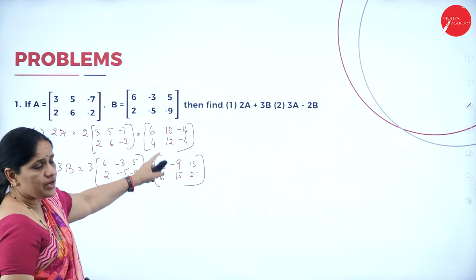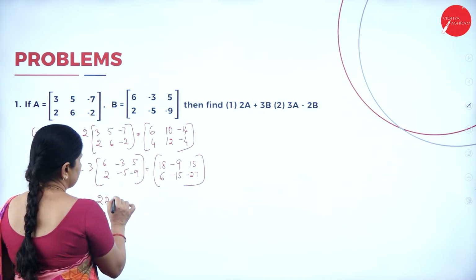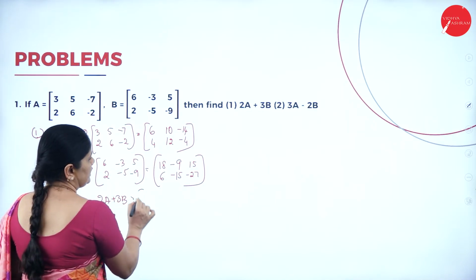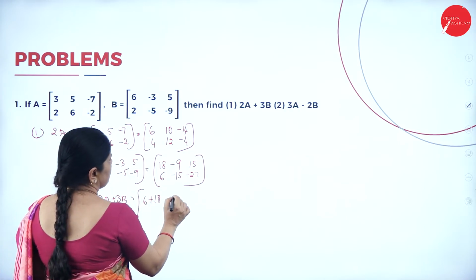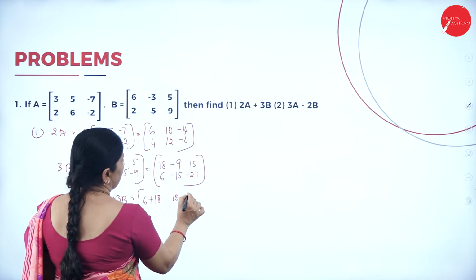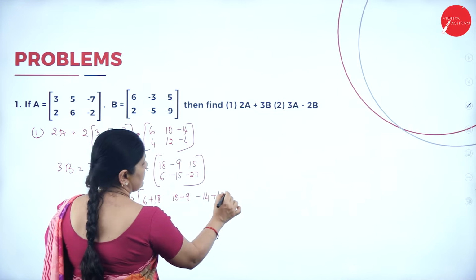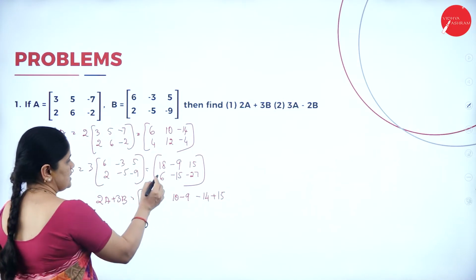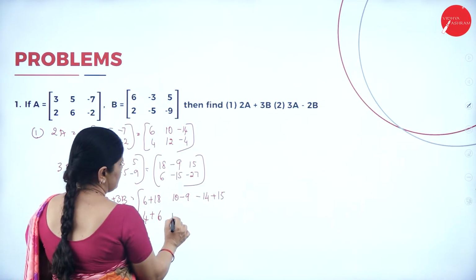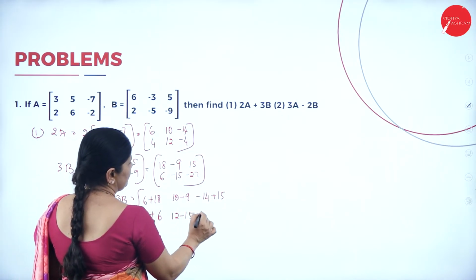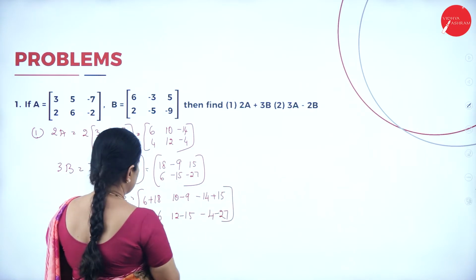Now, I have to add both these. So, 2A plus 3B equals 6 plus 18, then 10 minus 9, minus 14 plus 15. Next, 4 plus 6, 12 minus 15, minus 4 minus 27.